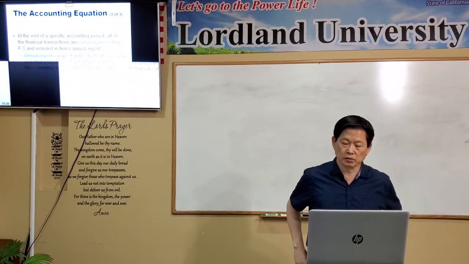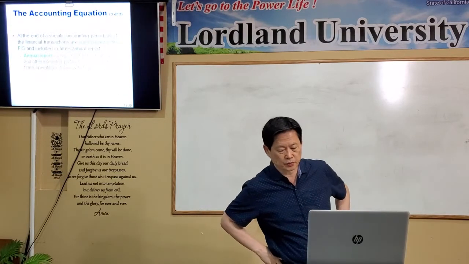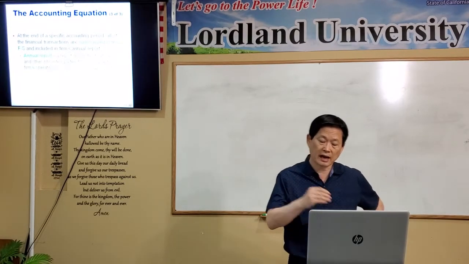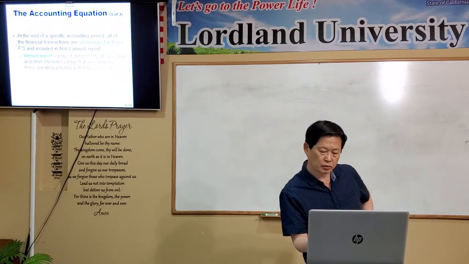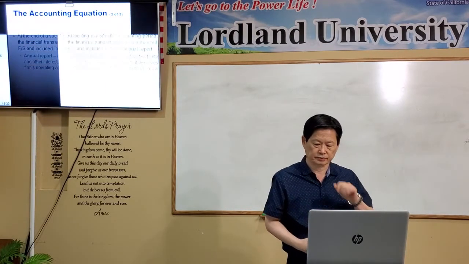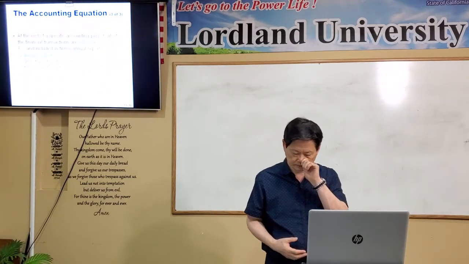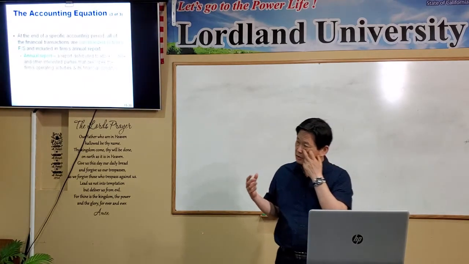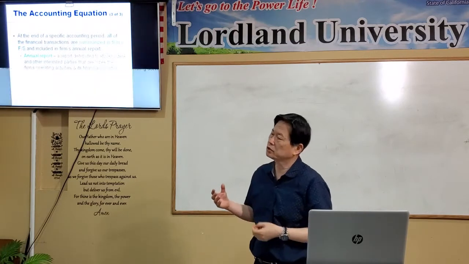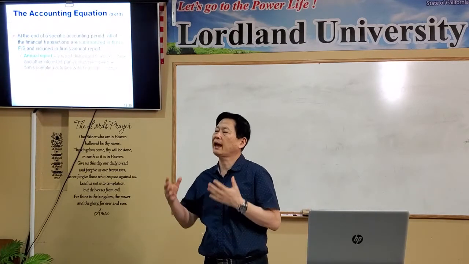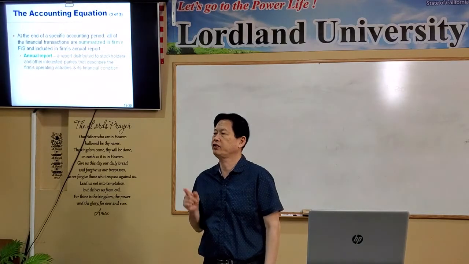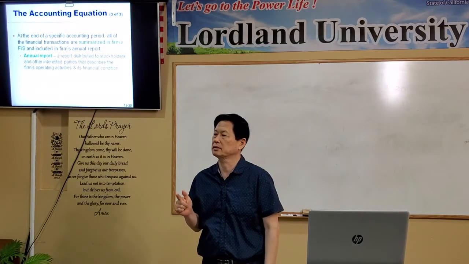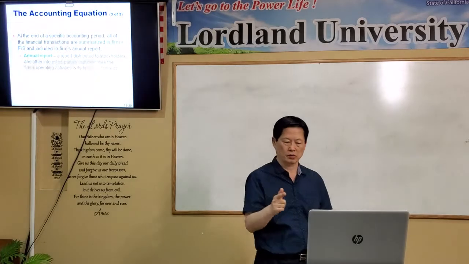The annual report is a report that is distributed to the stockholders and other interested parties. And this annual report must be submitted to the U.S. Securities and Exchange Commission once a year. That is the law.